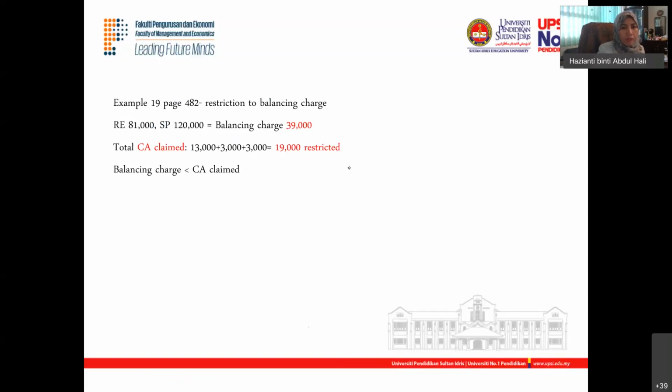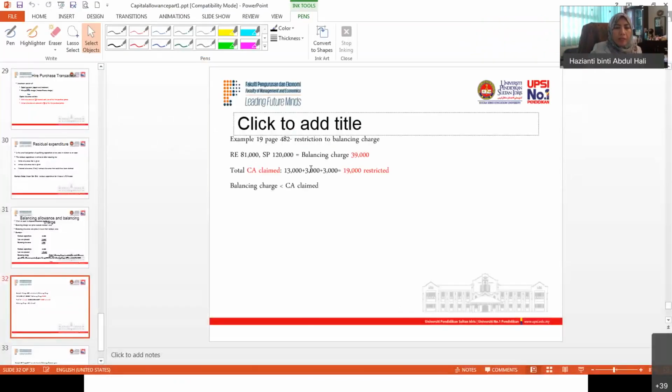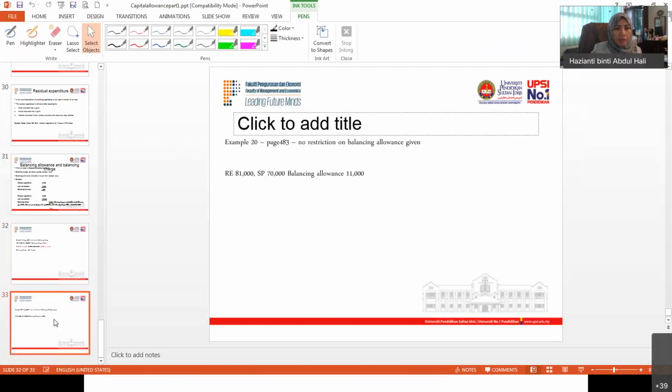Tak apalah, I'll share with you the example later. But if there is a restriction, balancing charge dia mestilah restricted dekat whatever yang capital allowance claim. So tak boleh lebih lah. This one nanti saya akan share the example lah. I think I have the example here, tapi cari tak jumpa lah.